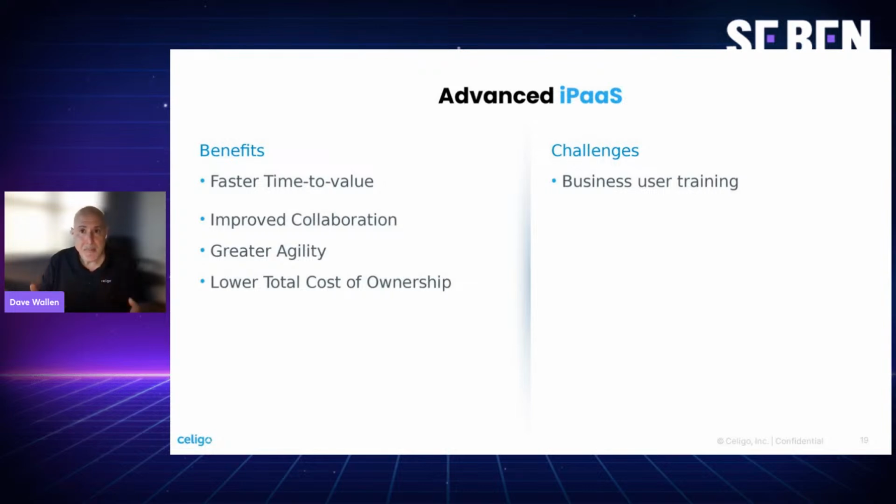And company-wide, you are getting more and more people involved, and we've seen time to value upwards of 90% faster to get integrations up and going. So there's that improved collaboration between business and IT, which is really valuable. Again, it's going to get faster time to value.